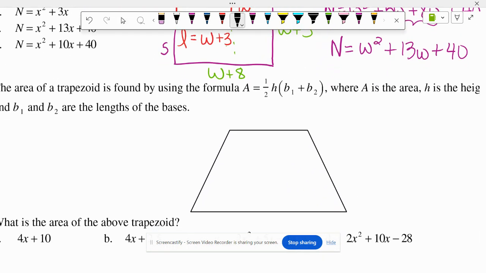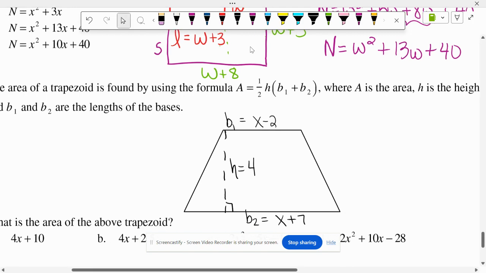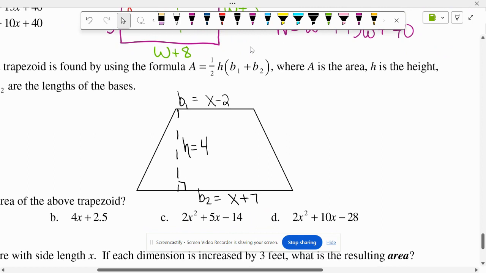Your trapezoid, I made sure that I put measurements on. I marked your height as 4. I said that your B1, your first base, was x minus 2. And I said your B sub 2, your second base, was x plus 7. We have to find the area, and we're given the formula.